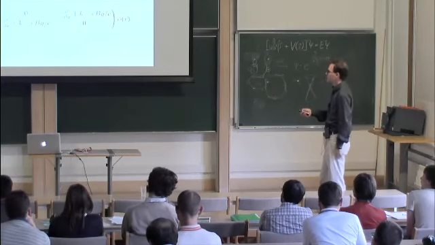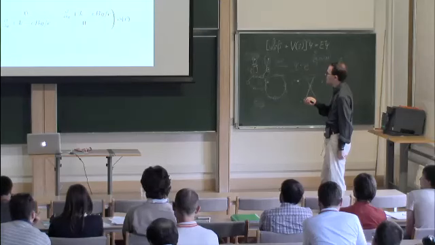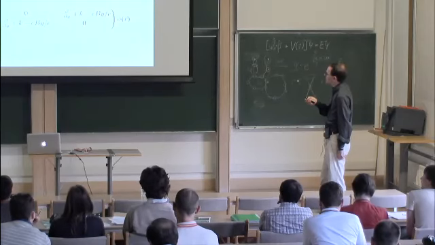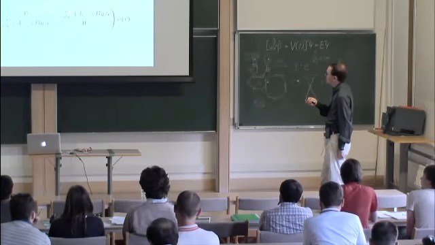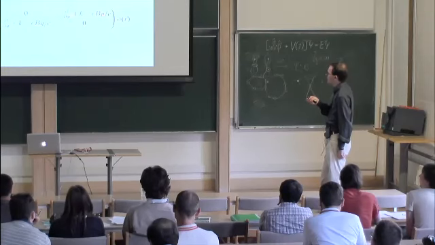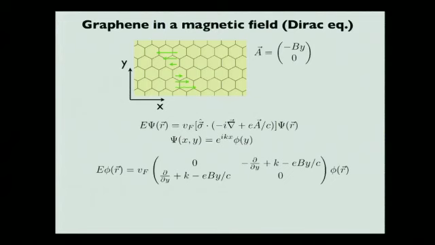Now here it's maybe not so obvious, but if you look more closely, you see there's always a combination of the derivative, that is the momentum, and the coordinate y.